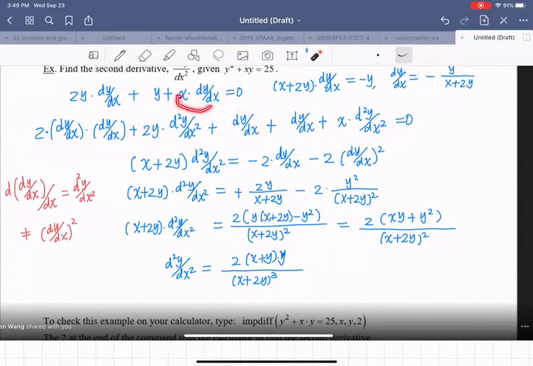And then for this one, you use the product rule one more time. Yeah, you want to rewrite this line, please. You get what I mean?